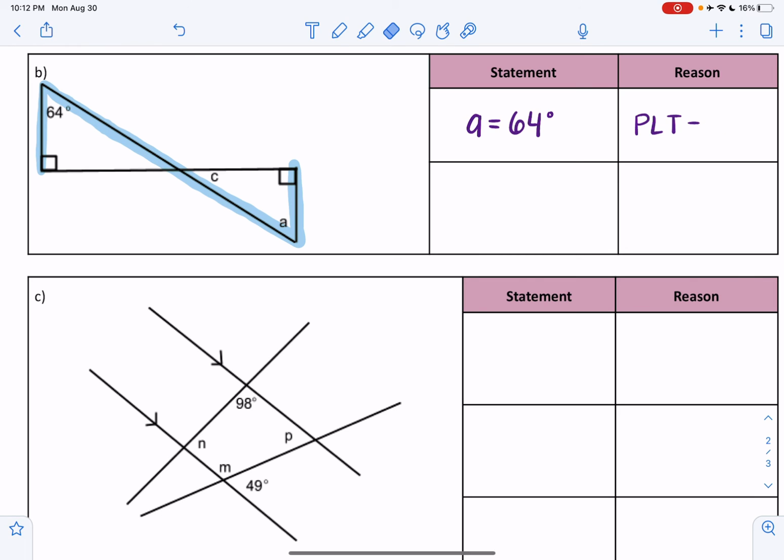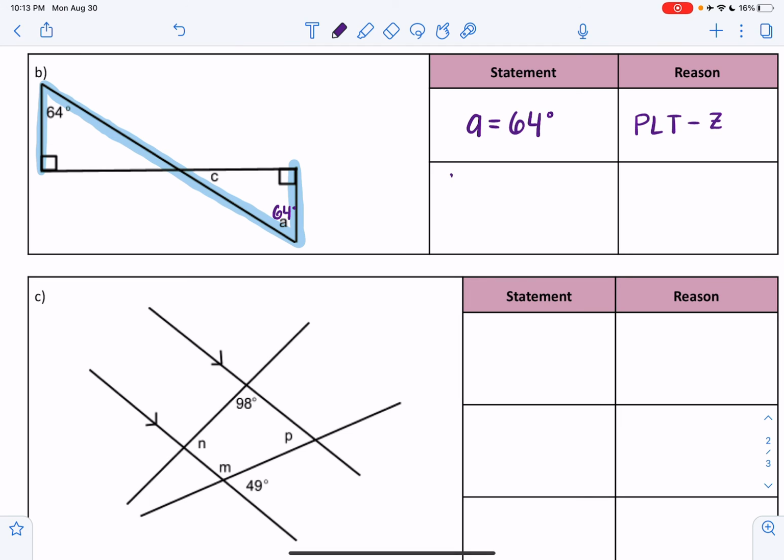Now for C, we're going to recap an old rule. So for C, what do I know about my angles in a triangle. All of my angles in a triangle should equal 180 degrees. Hopefully that's review, but all of those angles inside that triangle should equal 180.